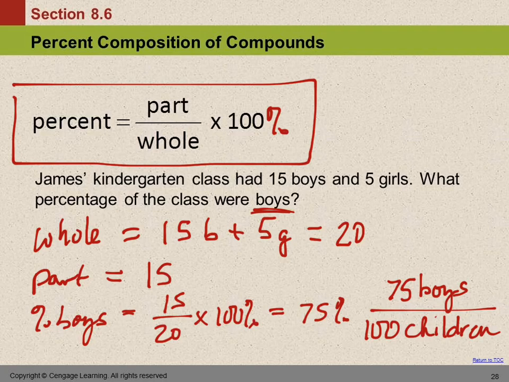Were there 100 children in his kindergarten class? No. But this is the same relationship. If 75% of this particular population is boys, then if there's 100 children, 75 would be boys. If there were 200 children, 150 would be boys.